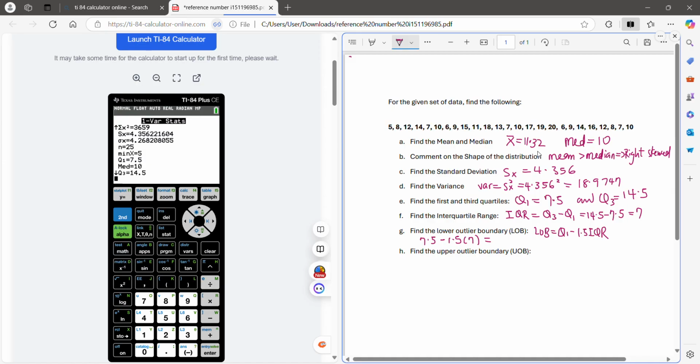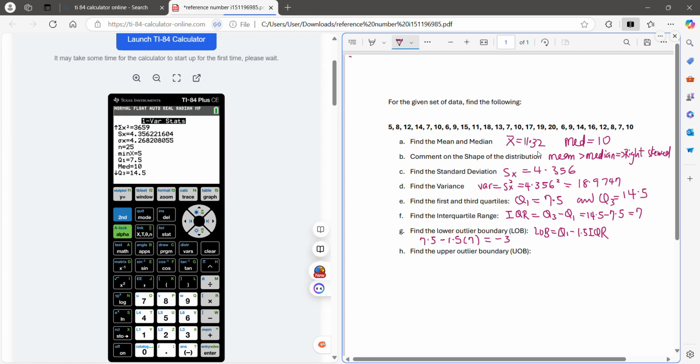And 1.5 multiplied by 7 should be equal to 10.5. And 7.5 minus 10.5 should be equal to negative 3.